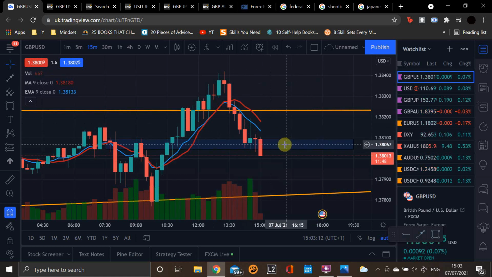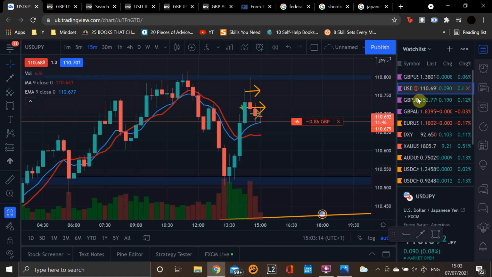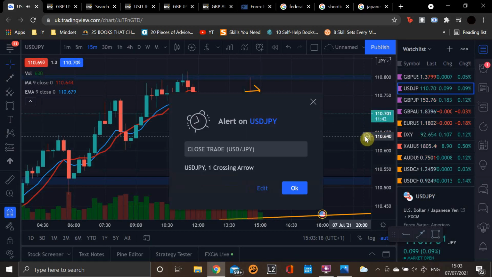So I'm gonna cancel my trade on USD. I don't really want to go against USD, but I will go against GBP because it's moving very, very weak. Let's go here.